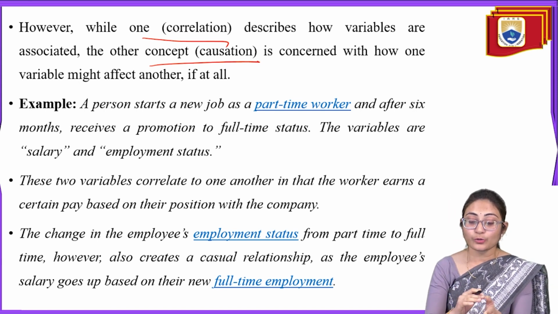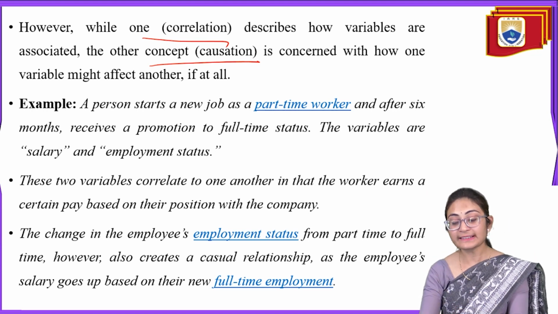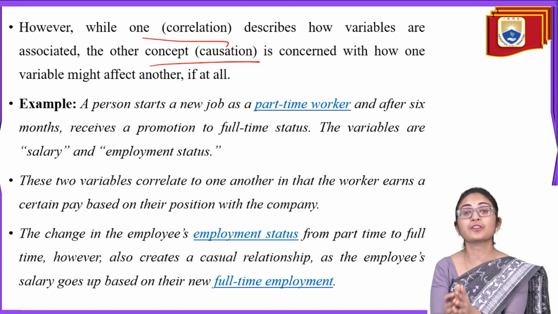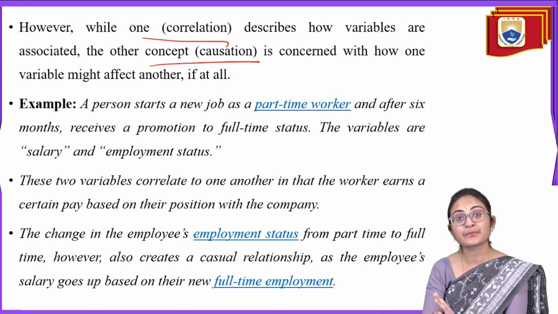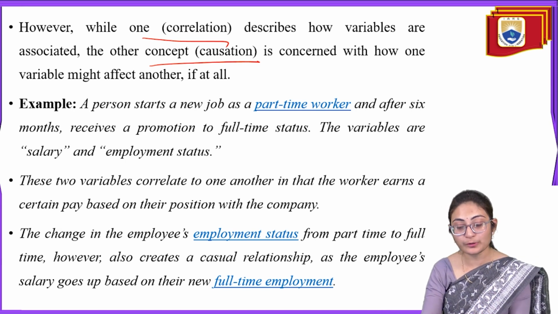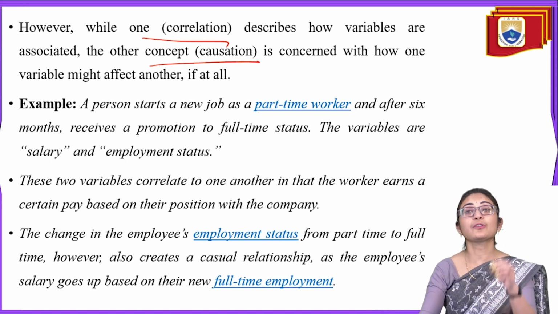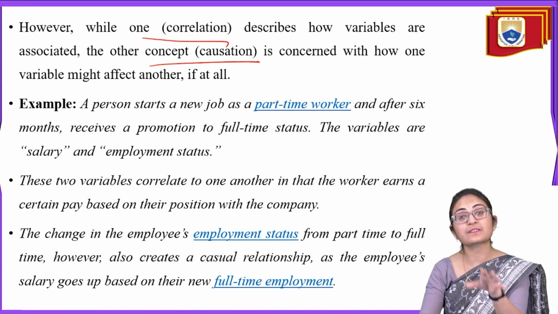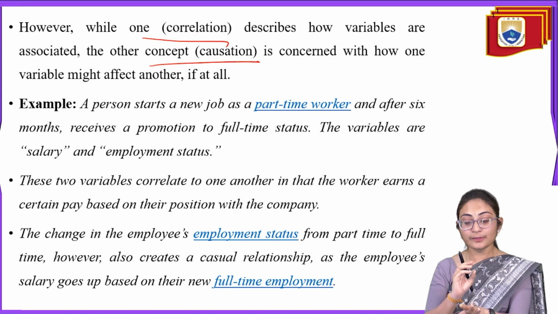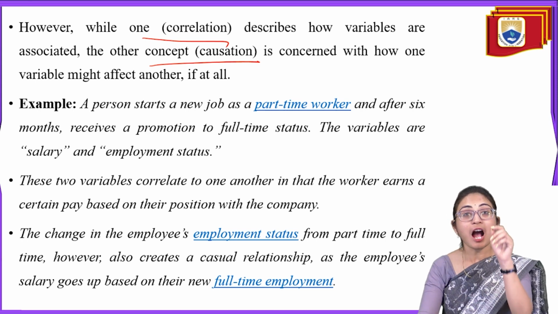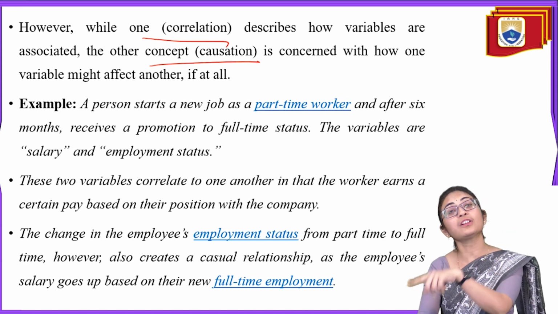Already I said that correlation and causation are different concepts. Both are very useful. Correlation will describe how your variables are associated with each other, and causation will describe how your variable will affect another variable.